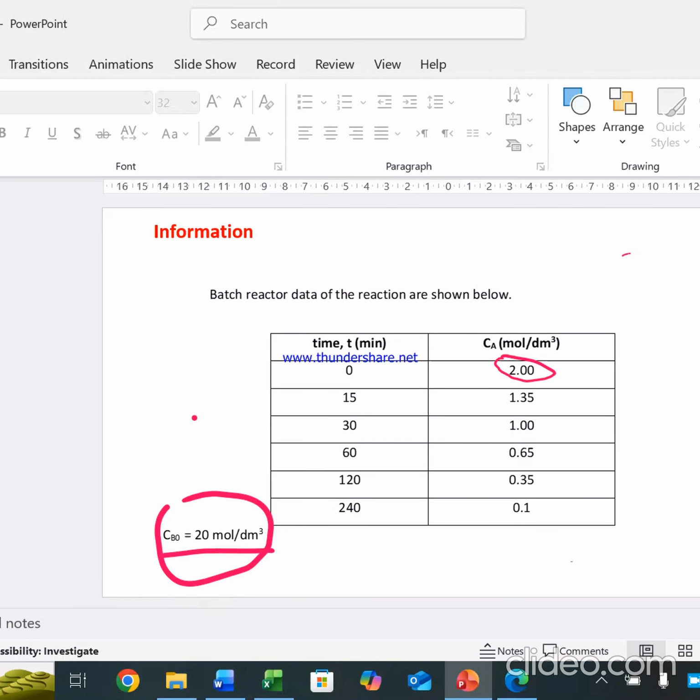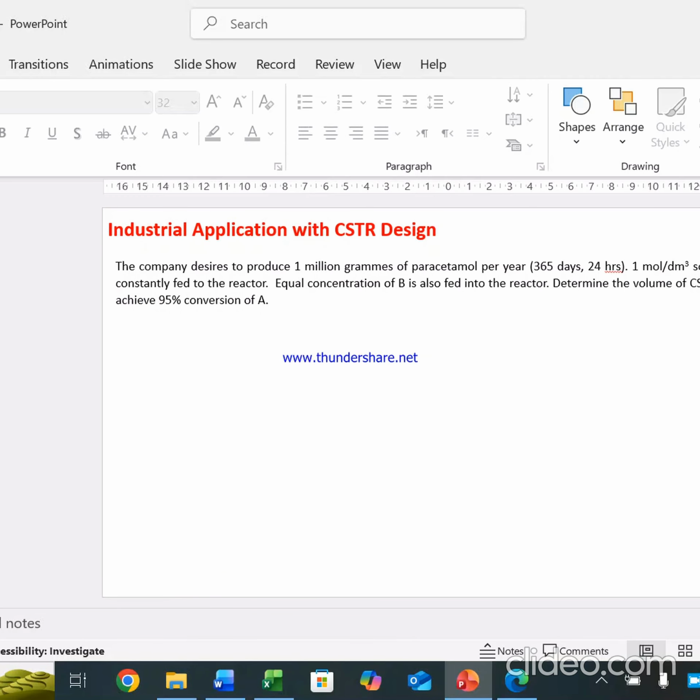So that's their target of 1 million, but how much would it translate to every minute? So let's see. The molar flow can be converted from 1 million grams, 10 raised to the power 6 grams per year. We want to convert it to minutes now, and we have to convert it into moles too. It's given in million grams.